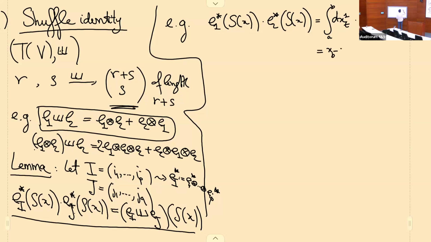So this is X_B minus X_A, first coordinate, times X_B minus X_A, second coordinate.